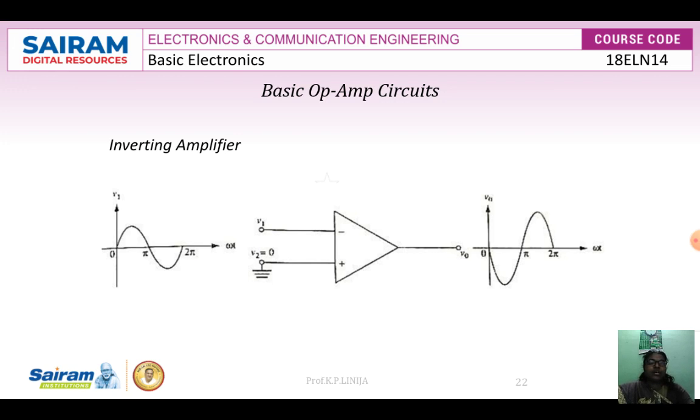That means as the positive input is at 0 volt or ground, the junction is a virtual earth. So when the voltage V2 is 0, voltage V1 is also 0 as per the virtual ground concept. As per the virtual ground concept, the operational amplifier will be working.